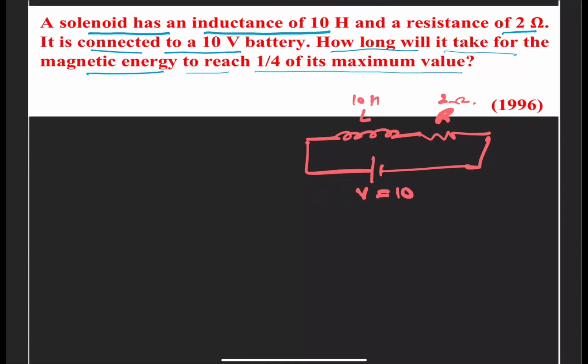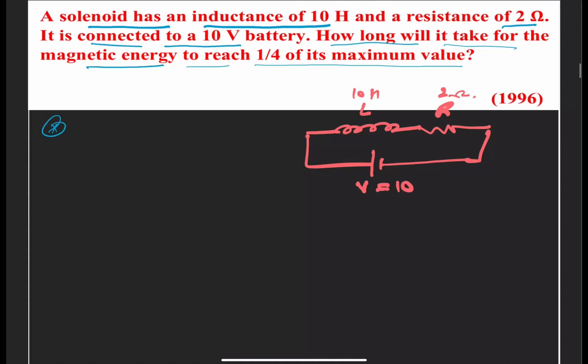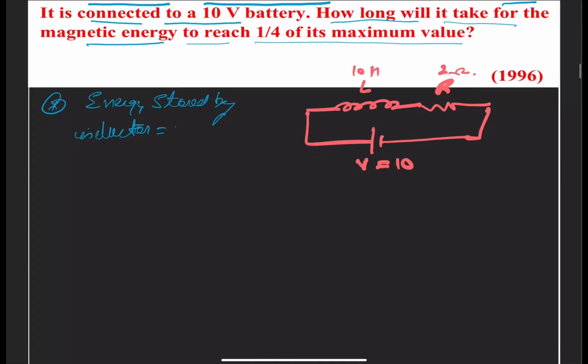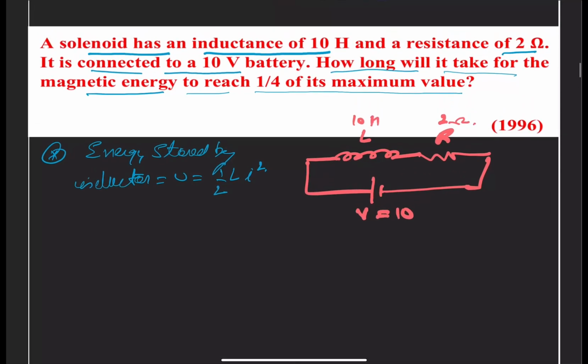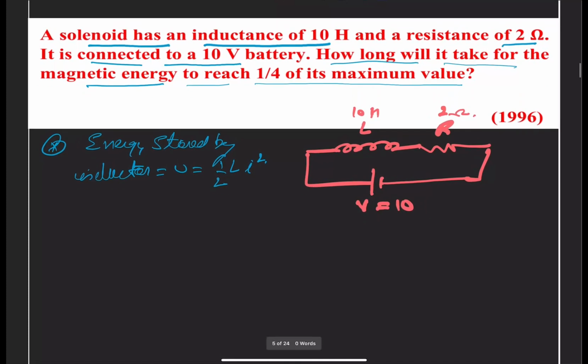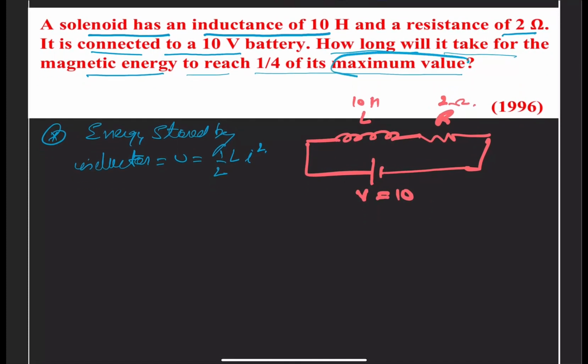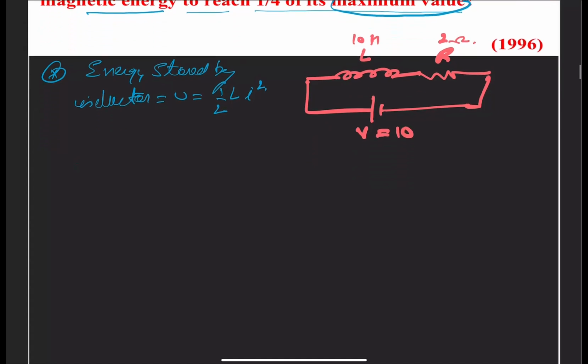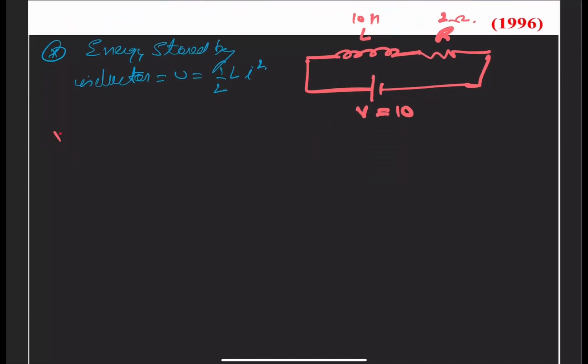So we can say that the energy stored by the inductor, let us suppose U, will be equal to half Li square, and we are going to find out the maximum current because we are interested in the maximum value of this energy.